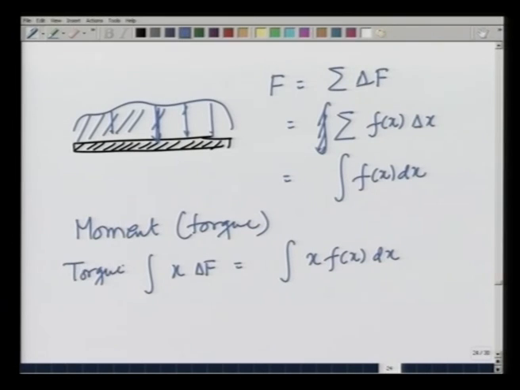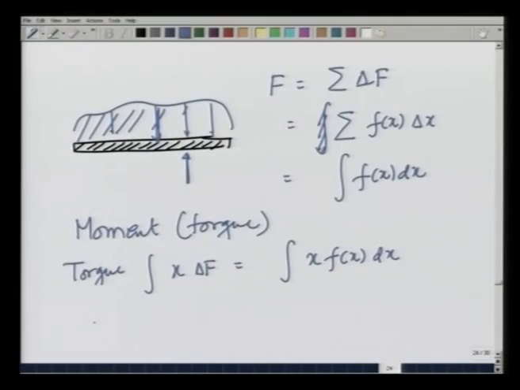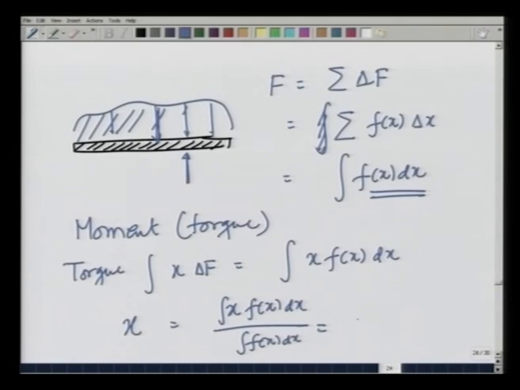If I want to apply an opposing torque with a point force, that force has to be equal to the net force which is being applied, which is the area of this curve, and it has to be at a point x, which is nothing but integration x f x dx divided by integration f x dx, which is nothing but the centroid of this curve that describes force per unit length.